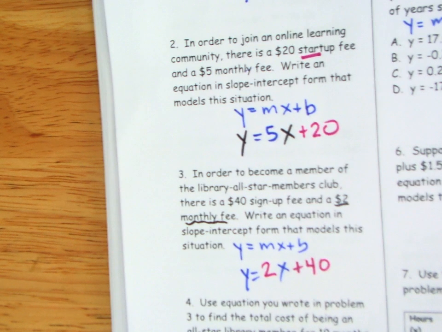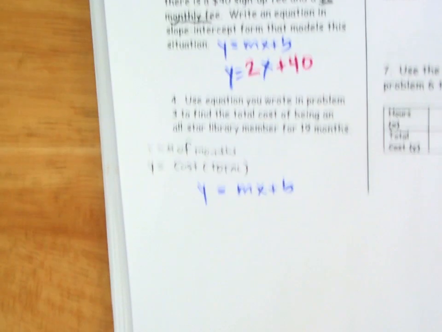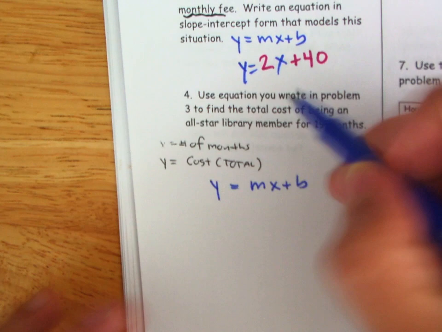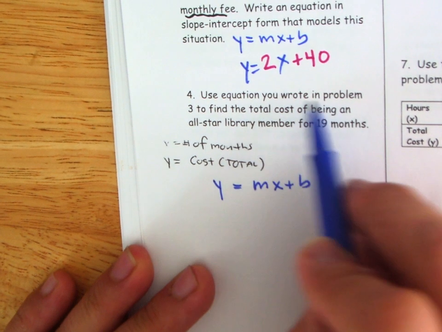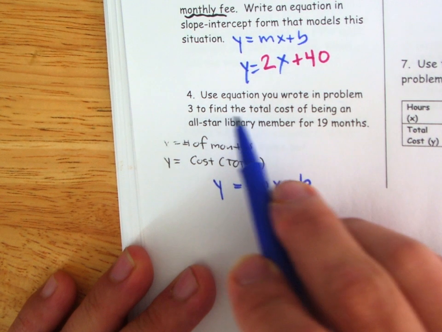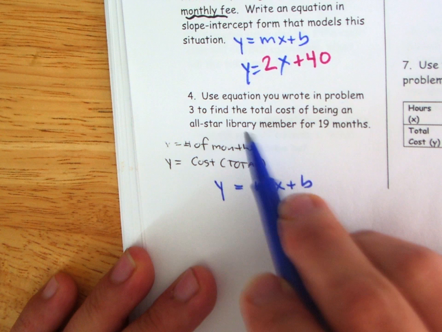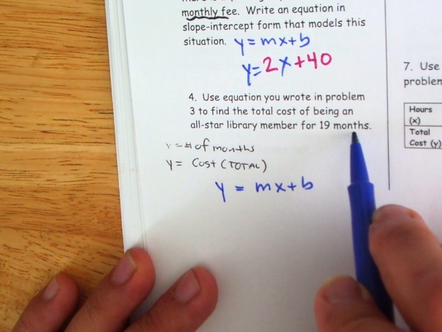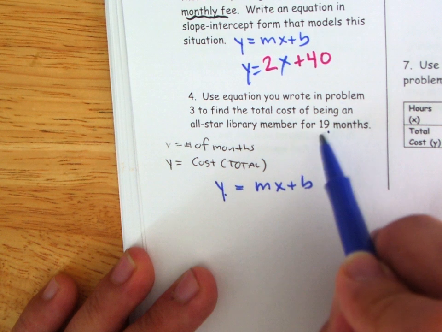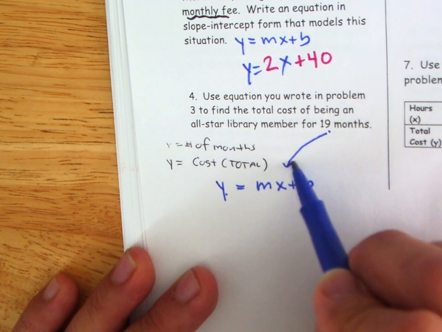Next one, number 4. Here it says, use the equation you wrote in problem 3, this one right here, to find the total cost of being an All-Star member for 19 months. Is the 19 months going to go into the y, or is it going to go into x?